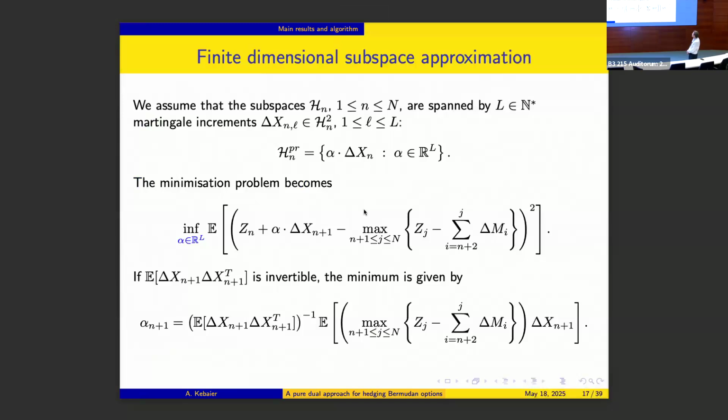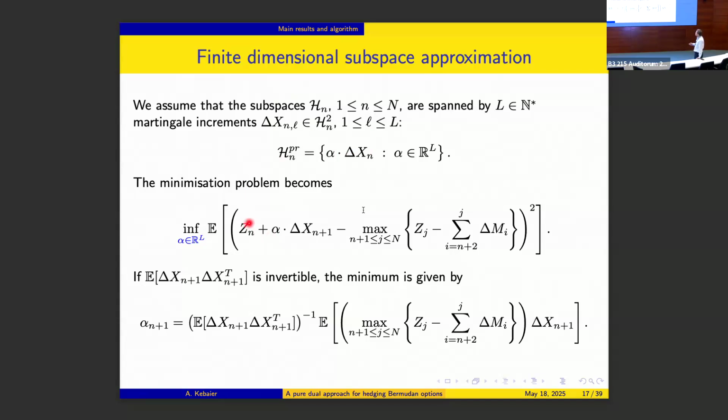So let's move then to the finite dimensional subspace approximation. Here, I'm thinking that H_n is, as in Rogers' approach, a linear combination of these delta X_n, which are increments. I'm going to show you how you build this.